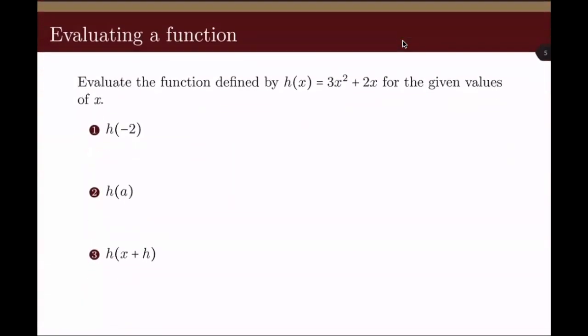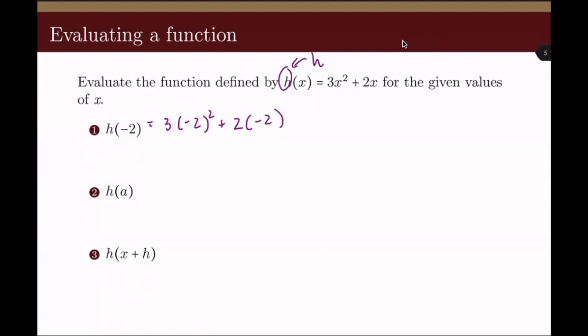Evaluating a function. Evaluate the function defined by h of x is equal to 3x squared plus 2x for the given values. So in this case, our function's name is h. All right, so h at -2. This is going to equal 3 times -2 squared plus 2 times -2.